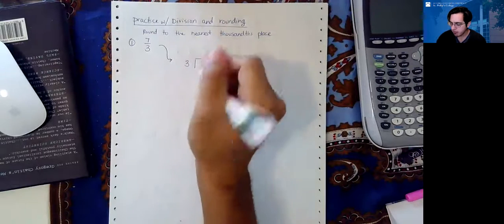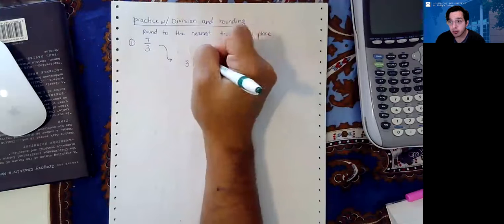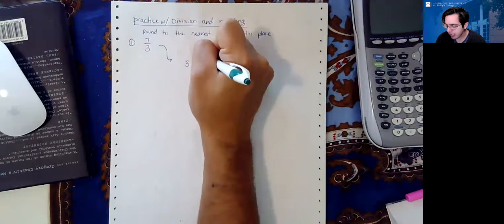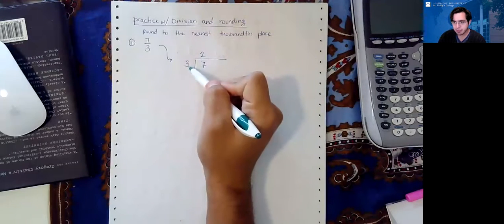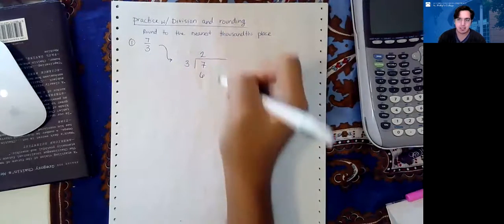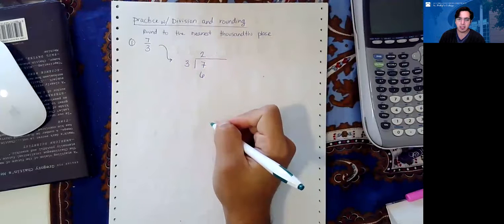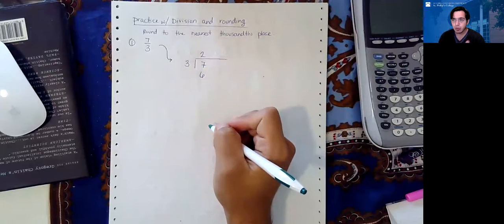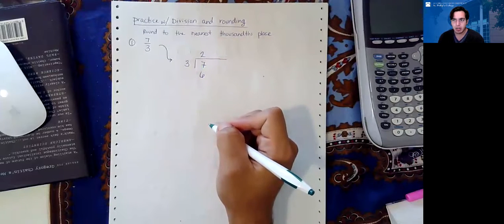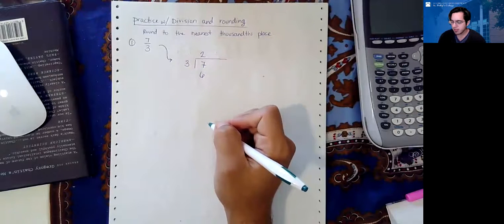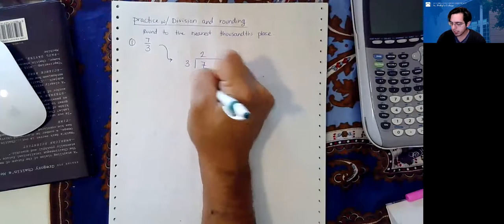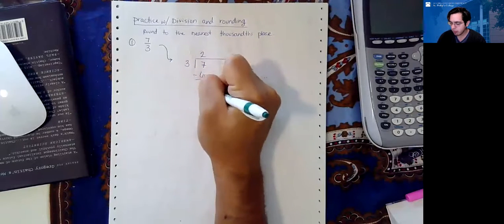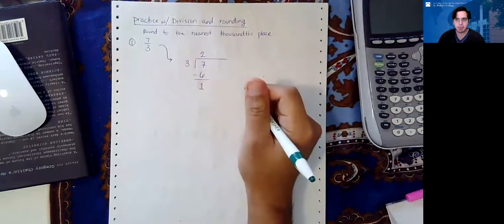If I had 2 times 3, that would be 6, so we got close to 7 without going over. It's sort of like the Price is Right rules. But then when we do that, we have a remainder of 1 when we subtract.